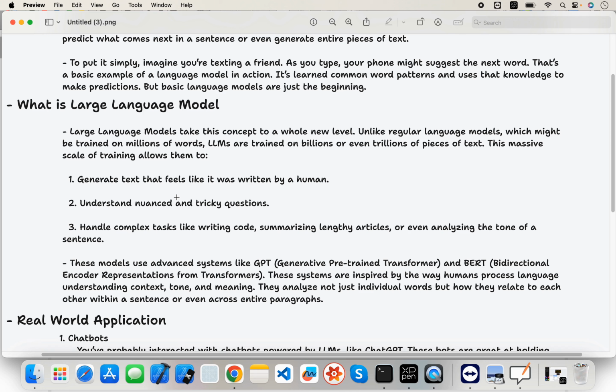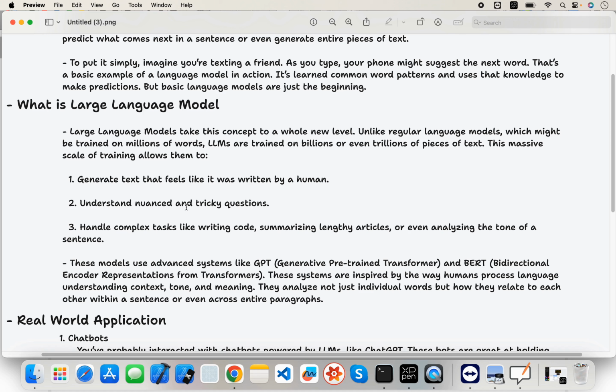When you write some prompt, it will generate text which is hard to distinguish as written by a human or by the model, or you can say the AI system. And second thing, it can understand your tricky questions as well. You can ask some question and it can generate the answer based on that. So it is very good at understanding your question as well. It could be a tricky question as well, right?